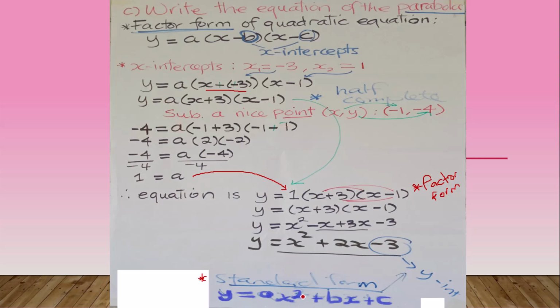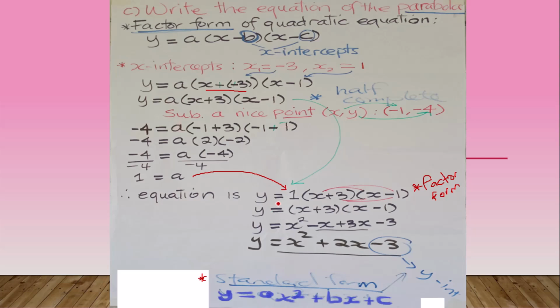The variables x come in order of their power, the one with the biggest power first, followed by the one with the smaller power, and so forth. So ax squared plus bx plus c.